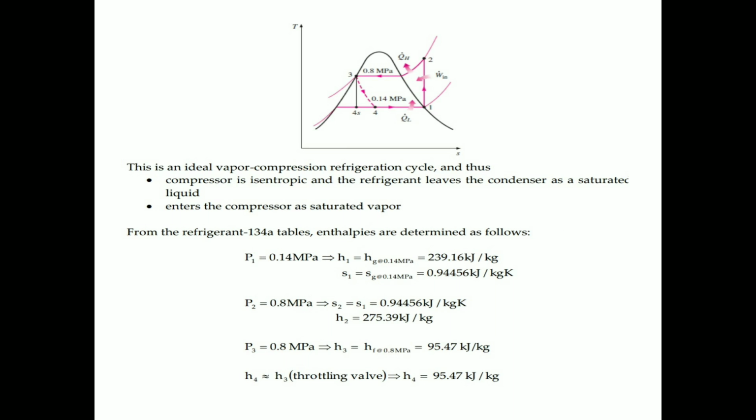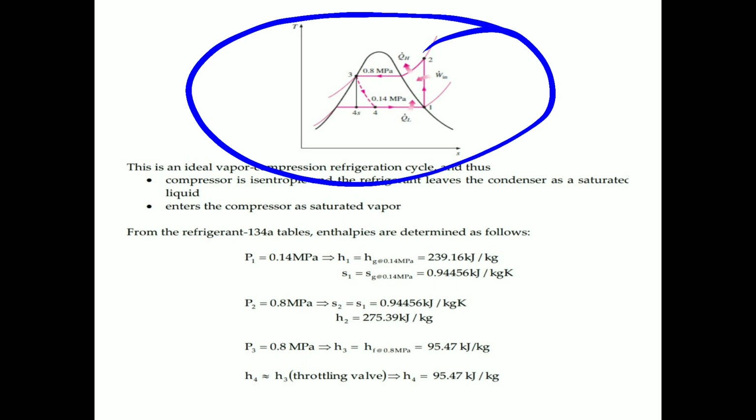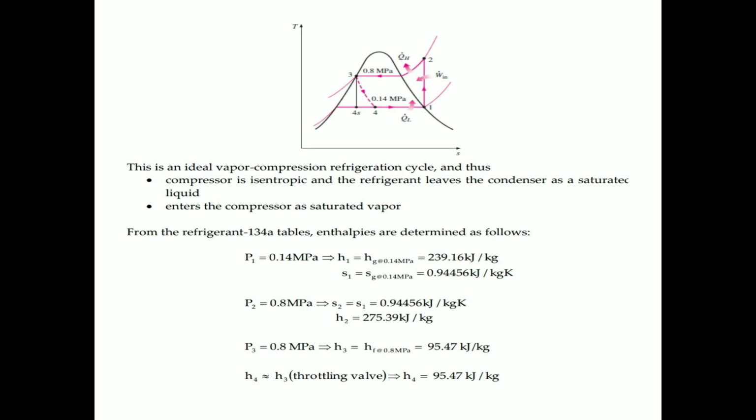In any problem, first try to draw the TS diagram. The problem itself states it is an ideal vapor compression refrigeration cycle, so you can use this diagram. Ideal vapor compression refrigeration cycle means the compressor is isentropic, and the refrigerant leaves the condenser as saturated liquid, that is point 3, and enters the compressor as saturated vapor, that is point 1.